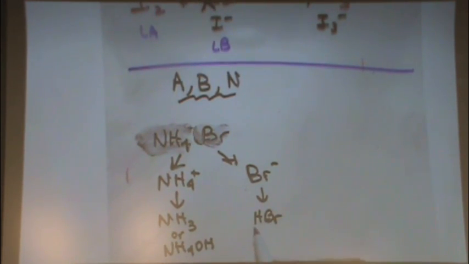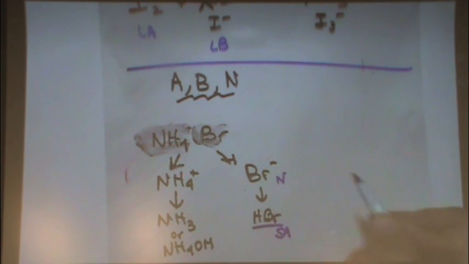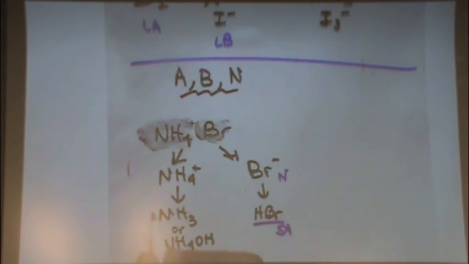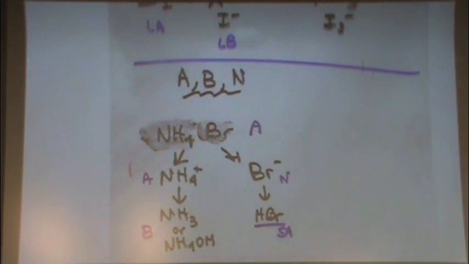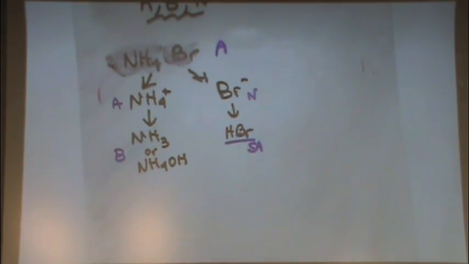You're going to identify HBr as a strong acid, so we've got a neutral here. And then NH3 or NH4OH is a regular base. So this is a regular acid, and an acid plus a neutral, we've got an acid here. Okay, let's try one more example. So you just want to follow this flow anytime you do a problem.